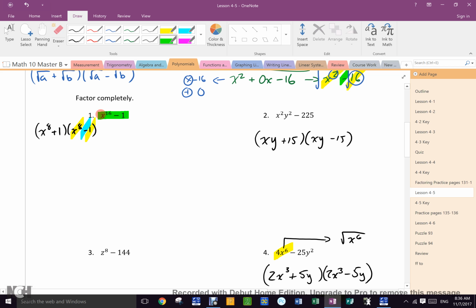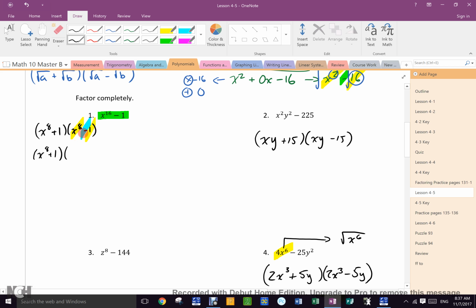What is similar about 8 and 16? 8 plus 8 is 16, so 16 divided into 8 and 8, didn't it? Square rooted out to 8 and 8, yes? So will 8 break down to 4 and 4, yes? So I still have x to the 8th plus 1, because I can't do anything with a plus, and I'll show you why in a minute.